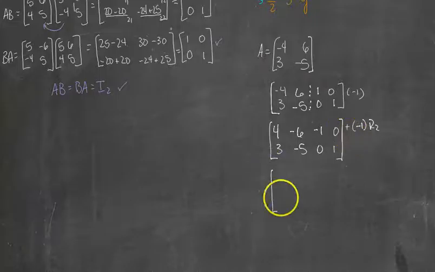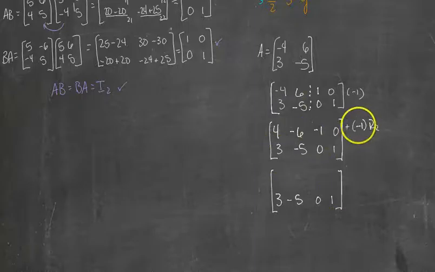So the row that's not going to change. And now let's do our subtraction. Negative 1 times 3 is negative 3 plus 4, 1. Negative 1 times negative 5 is 5, minus 6, negative 1. Negative 1 times 0 is 0, minus 1. Negative 1 times 1, negative 1 plus 0. Okay, so far so good.